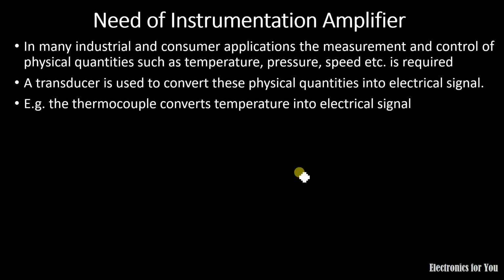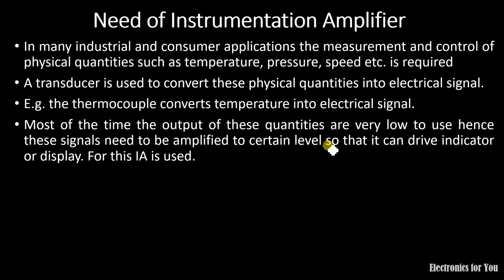So we can say, for example, a thermocouple converts temperature into electrical signal, or a piezoelectric transducer converts the pressure into electrical signal. So basically these electrical signals are generated using transducer, but these are too weak.